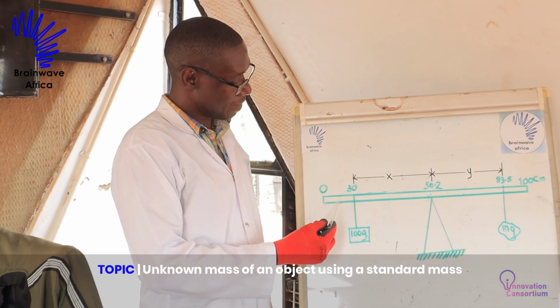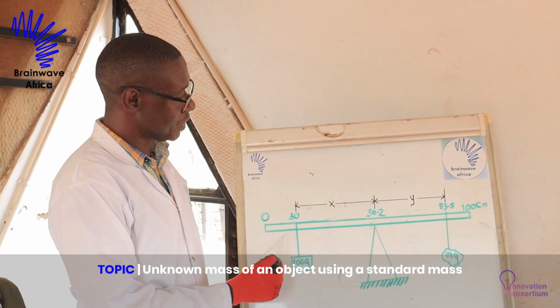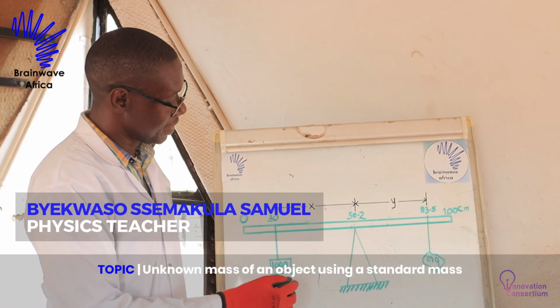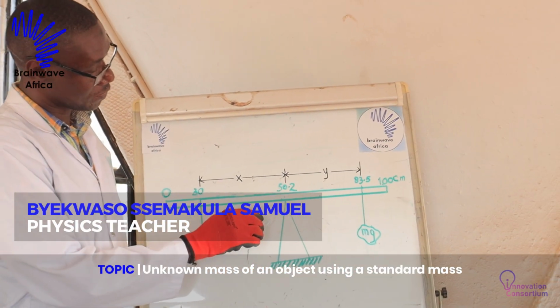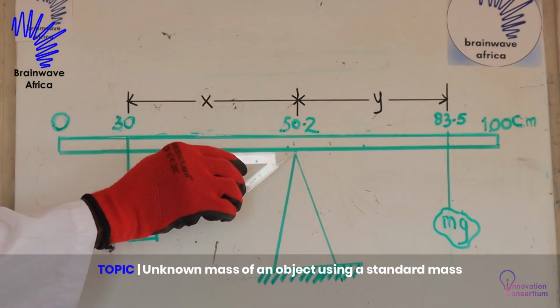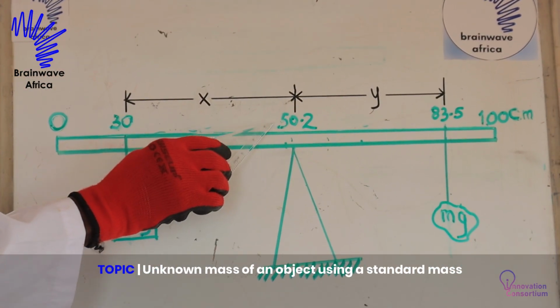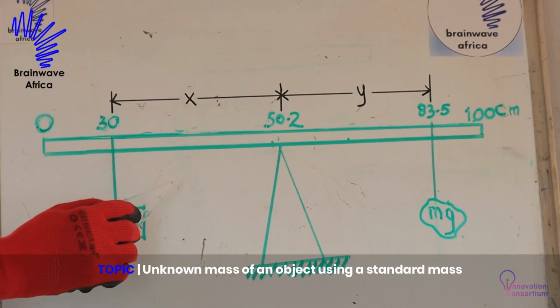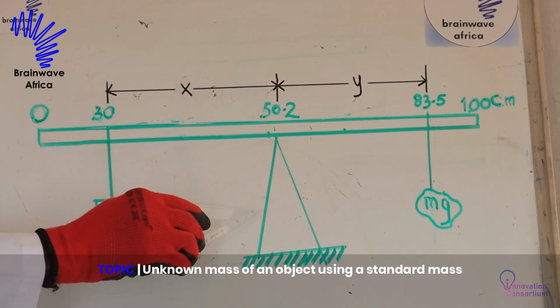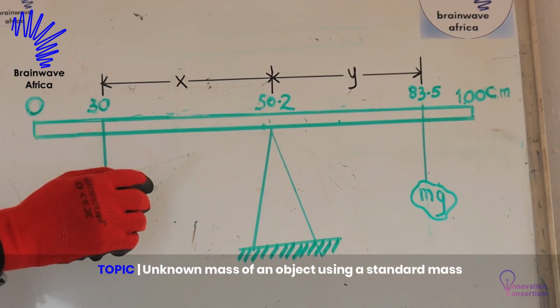Now we have a diagram here illustrating what we have just done practically. We obtained the point at which the meter rule was balancing, which is the position of its center of gravity, at the 50.2 centimeter mark, and that is where we pivoted the meter rule on a knife edge.